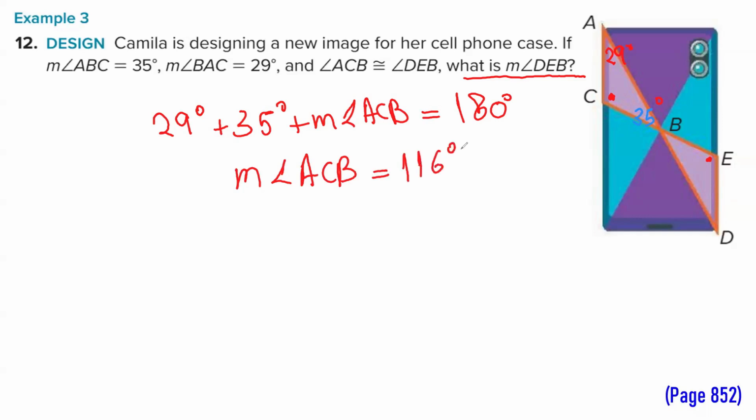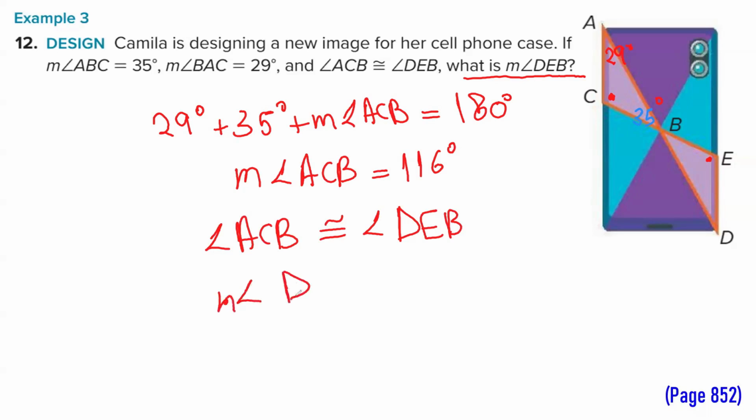And since the angle ACB is congruent to the angle DEB, then their measures are going to be equal. So the measure of the angle DEB is going to be 116. And that's it for this question. Next.